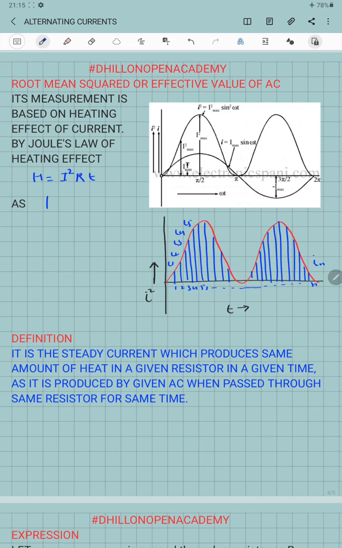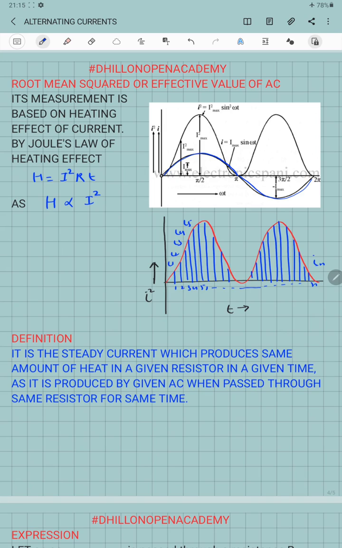Now, because the heat produced is directly proportional to the square of the current, it is not proportional to the current, but to the square of the current. This means that when an AC current is passed through the resistance, the amount of heat produced will not depend upon the positive half cycle value or the negative half cycle value, but will be proportional to the square of both the positive and negative half cycles, which gives positive values after squaring.